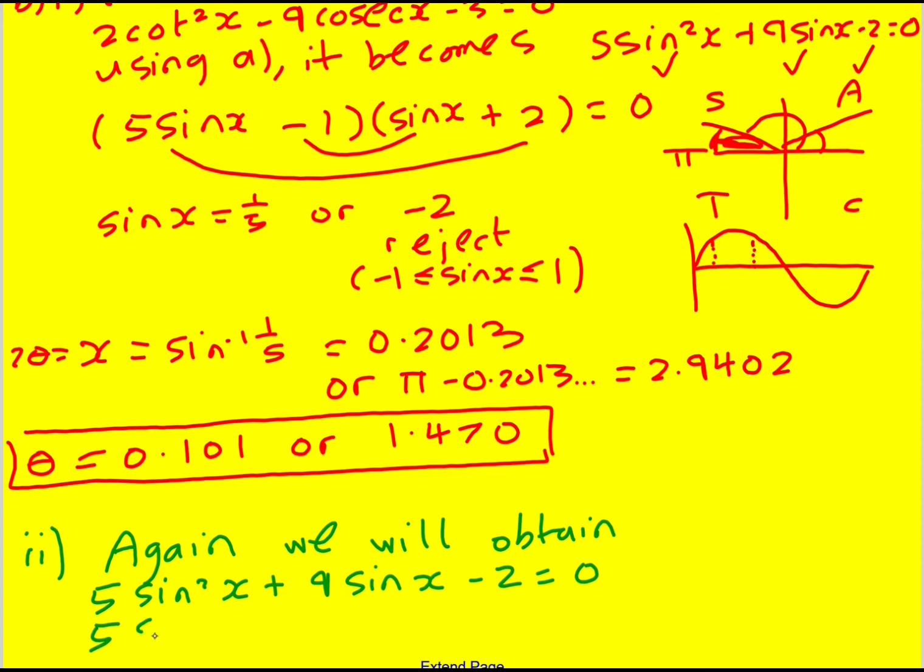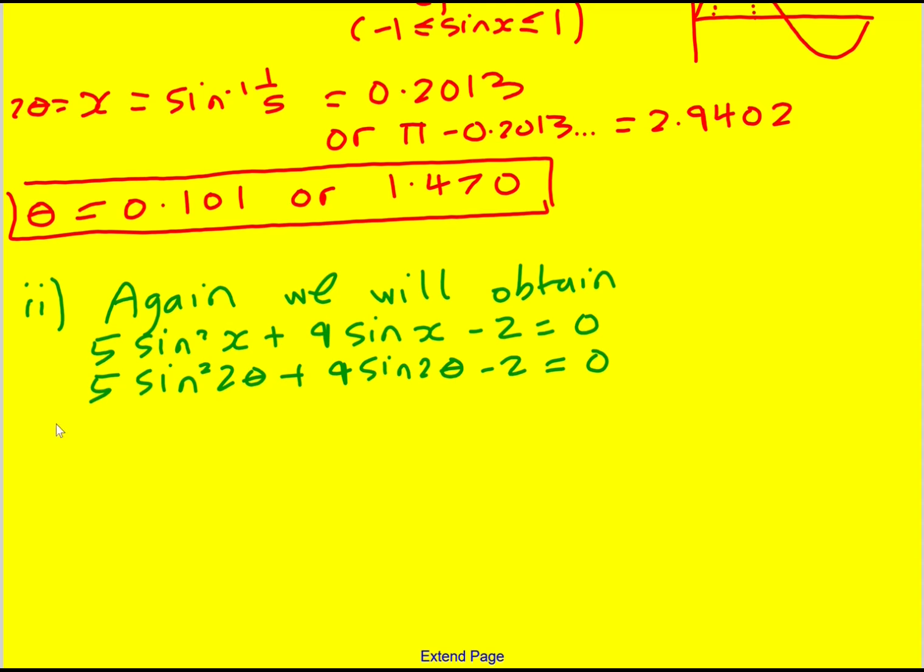Actually, I need to get it back in terms of theta this time. We did a substitution, but it's actually going to be this. Probably should have gone straight to that, but I was trying to build on what we did before. Okay, so using part a, we can get to here anyway. That's the main thing.